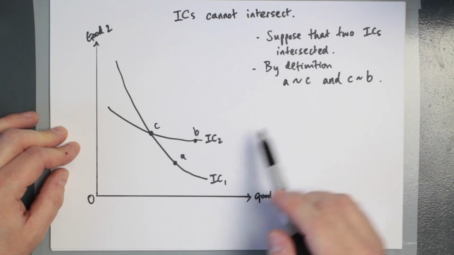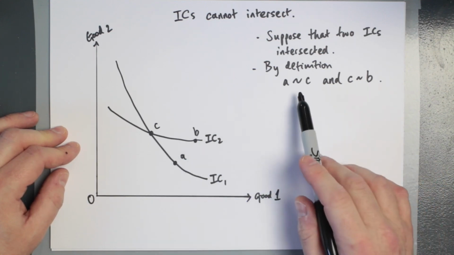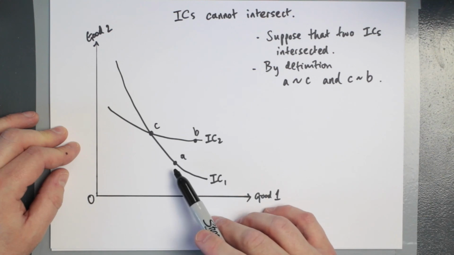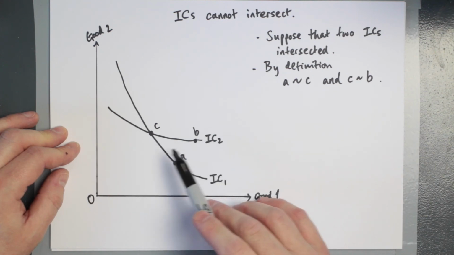So this is what we've drawn: our consumer is indifferent between A and C, and indifferent between B and C.